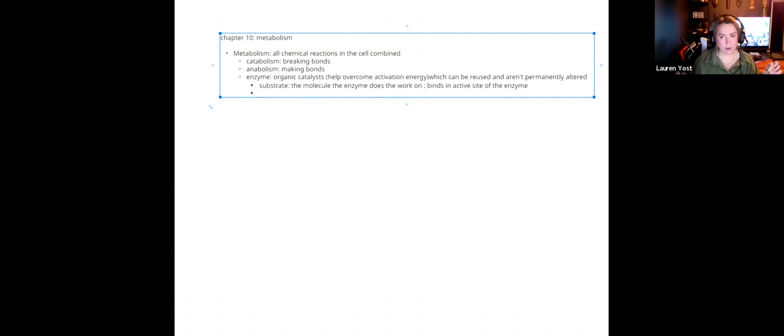Enzymes that do need help, however, are going to have these things called cofactors that are going to help out with them. And if that's the case, then we know that there's got to be part of the enzyme that's just the enzyme, and part of the enzyme that's the cofactor. And they, of course, have to have their own names.